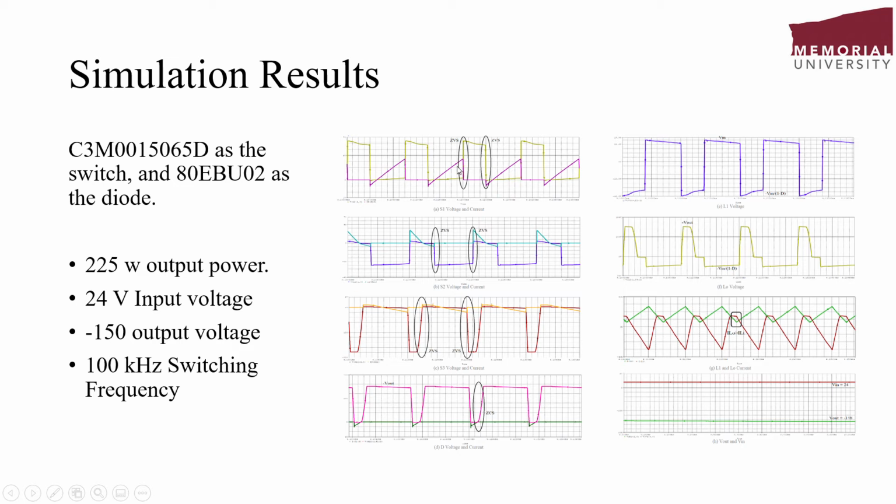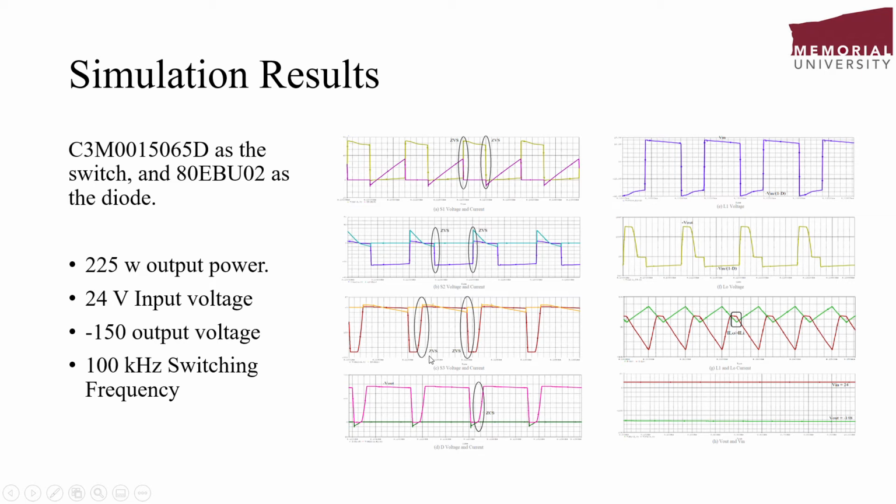As you can see here for S1 voltage and current, soft switching condition is totally provided for both turn on and turn off situations. And for S2 as well, here the turn off ZVS condition, and here turn on ZVS condition again.